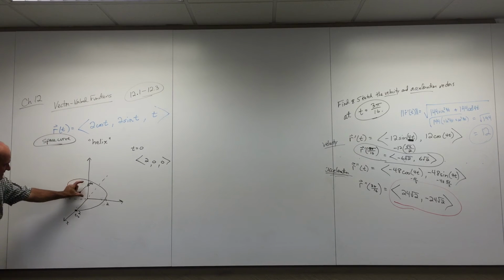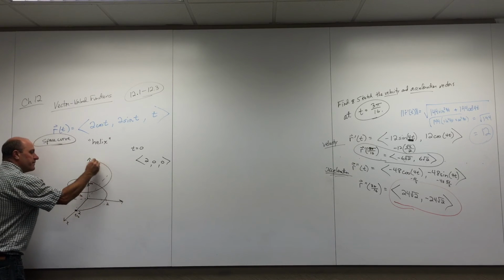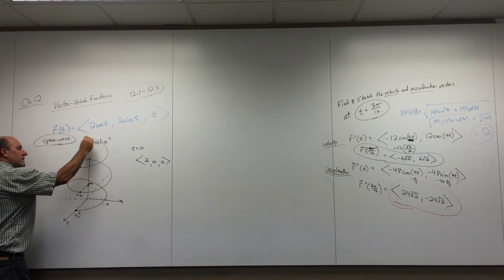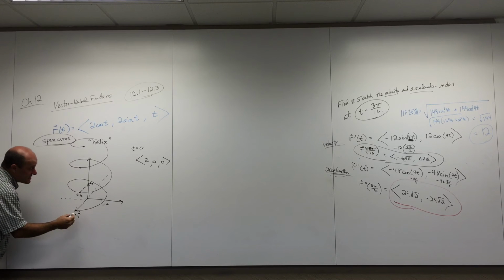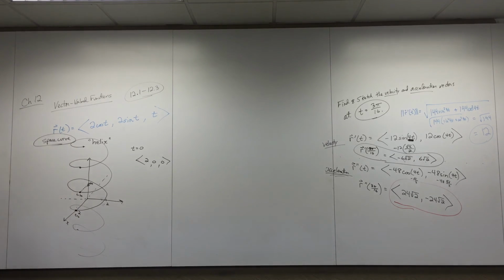I mean, that's a 2 and that's a 6. You following me? My picture's distorted. But I'll go around again, watch. And I need to end up right above myself. T is allowed to be negative, so it's allowed to go back here. It's a helix.